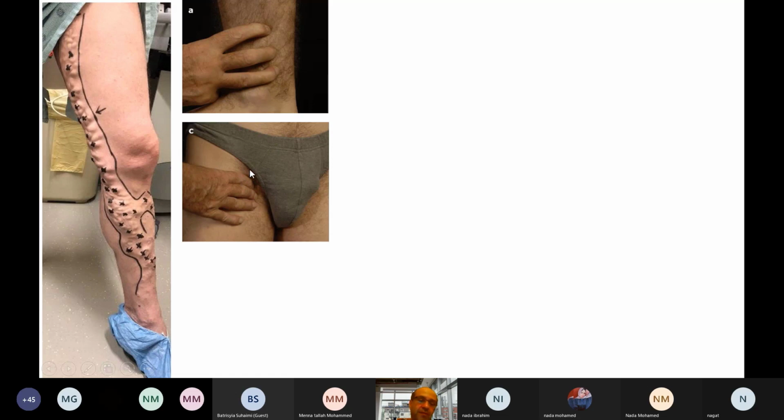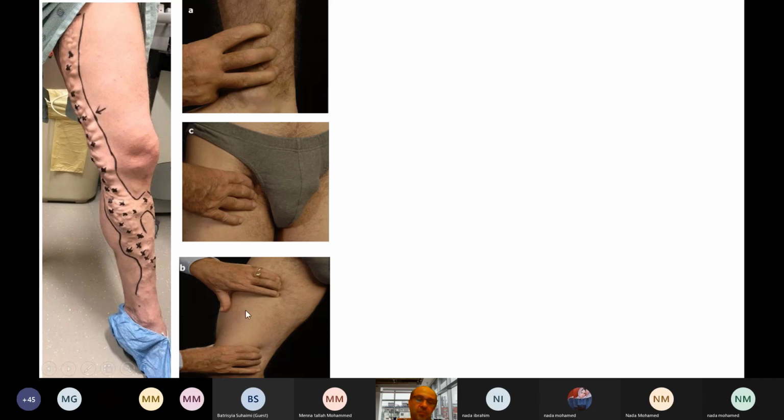Because the saphenofemoral junction is incompetent, and all the way from the chest and abdomen to this part is valveless, as we have seen before in the anatomy. So we can feel the thrill if the valve is destroyed, because we don't have any valve in the abdominal part of the blood vessels.